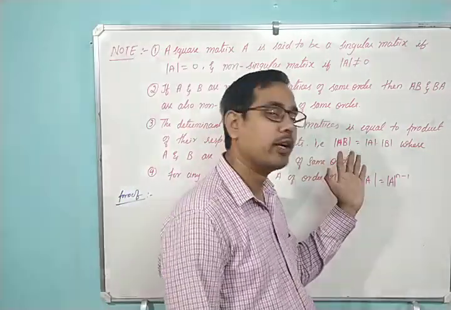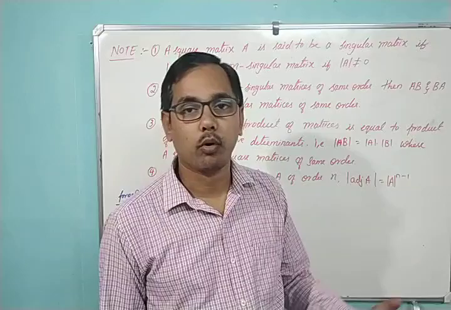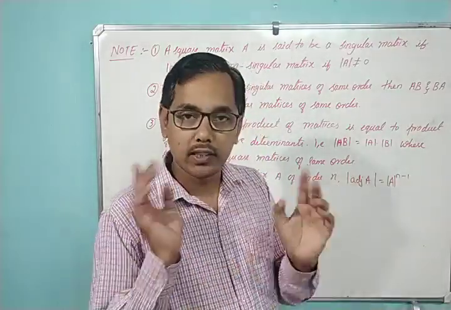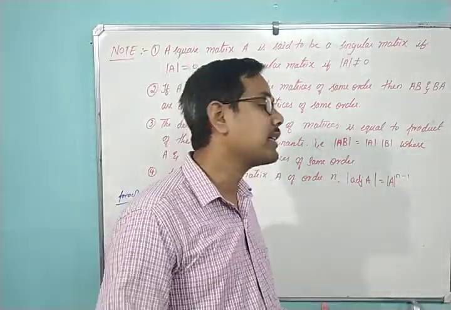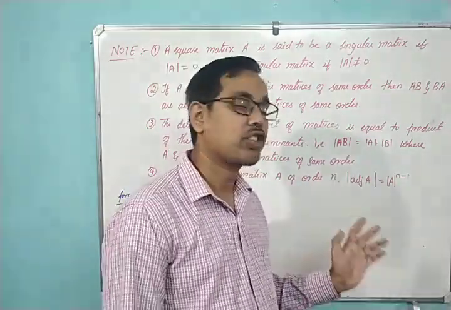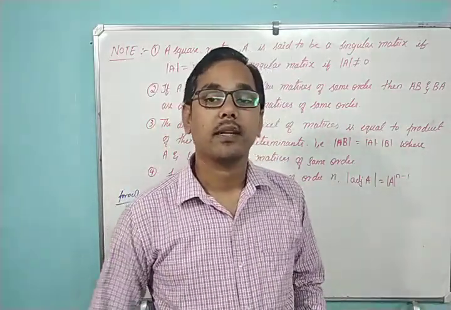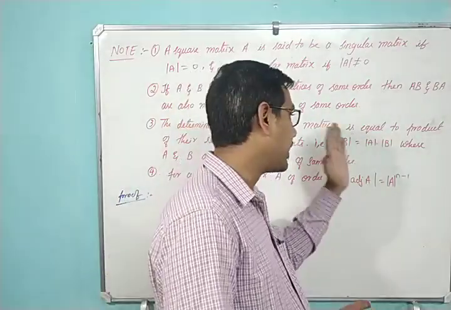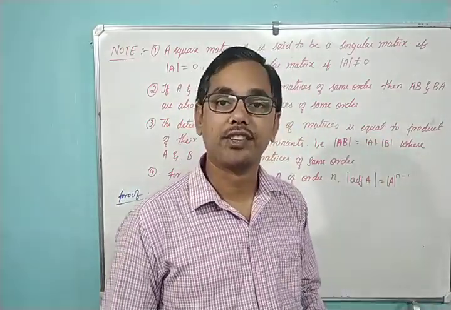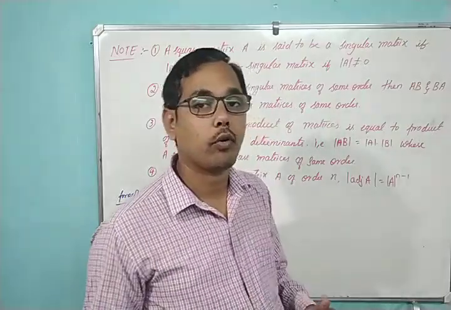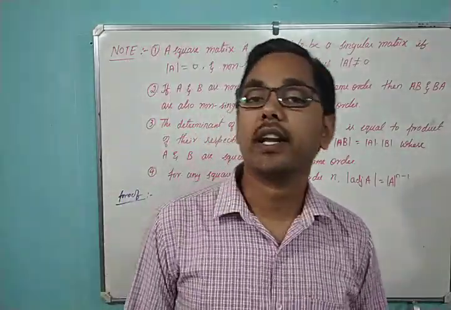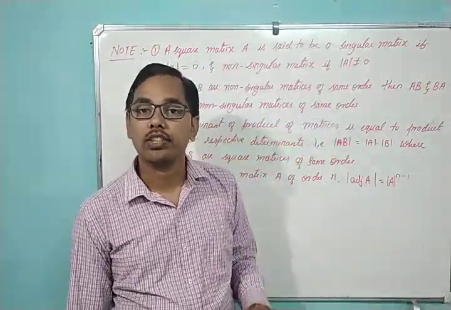You can take any two square matrices of the same order, calculate A into B, and you will get a square matrix. Then calculate its determinant, which will form your LHS. Then calculate determinant A and determinant B separately, and take their product, which will form your RHS. Then you can see that the LHS from your calculation will be equal to the RHS.